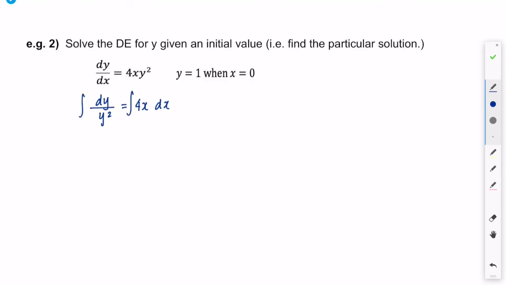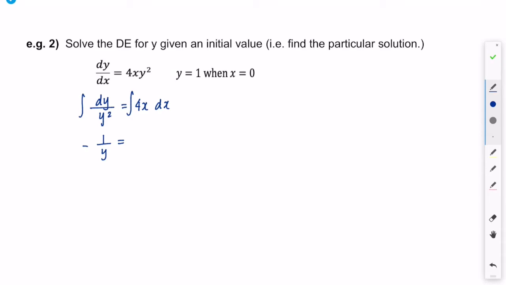Okay. So on the left side, I have y to the power of -2. I'm integrating that. So that means I'm going to add 1 to the exponent. -2 plus 1 is -1. Divide by -1, it gives me -1 over y equals. The right side, well, x becomes x squared over 2. So 4 over 2 is 2.